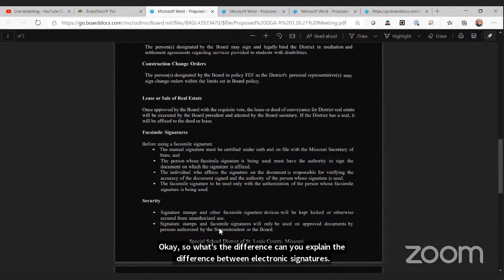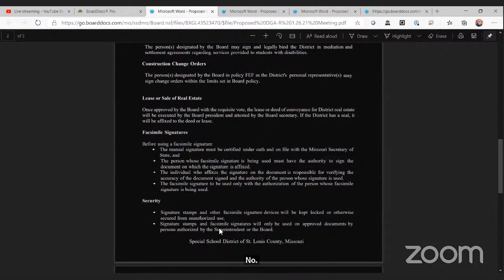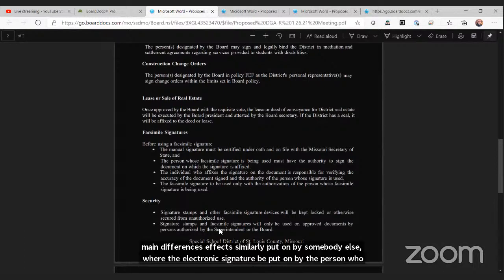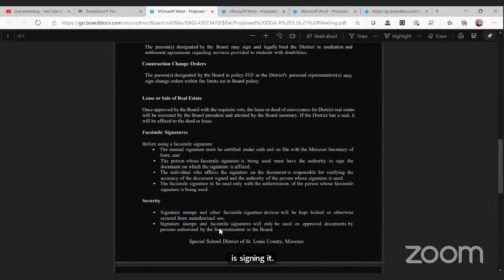I'm just reading the definition of both to make sure before I respond. I'm guessing paychecks would all be electronic signatures, correct? No, the paycheck would be a facsimile signature, because it's a signature that's already preloaded into the system. There's no signature of the document; the document is preloaded with a signature. An electronic signature is when you submit a form and then type your name or check a box to sign it.